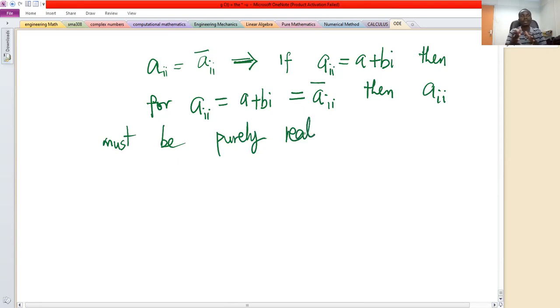It's only a complex number which has only a real part that has the same value as its conjugate.